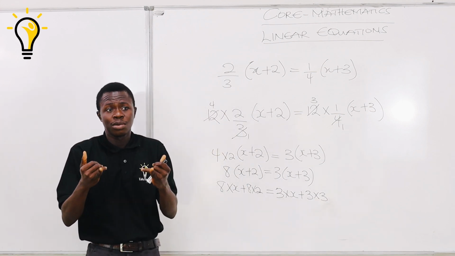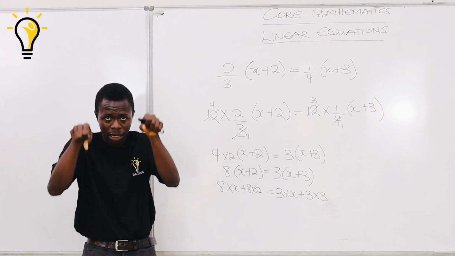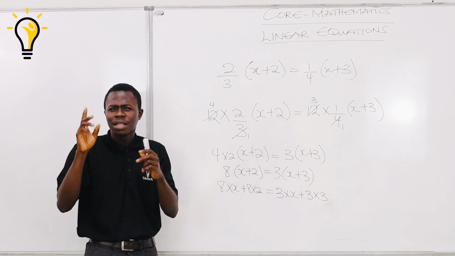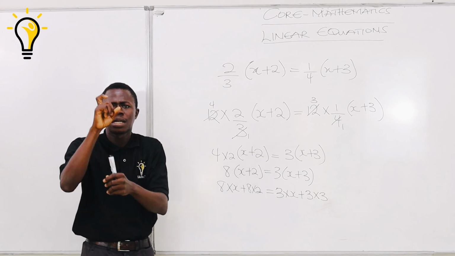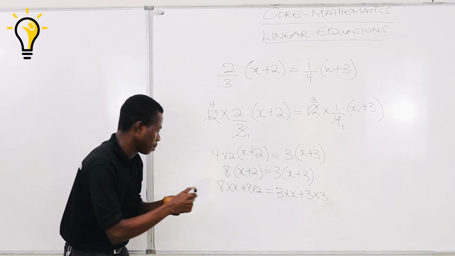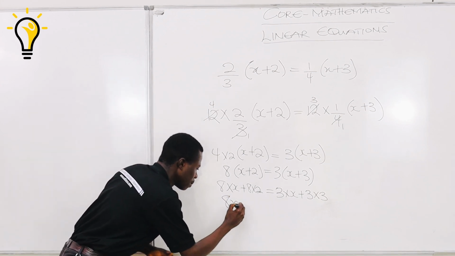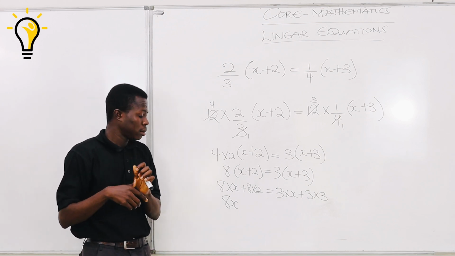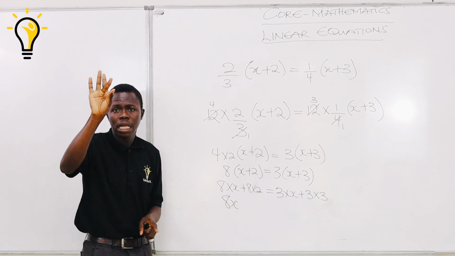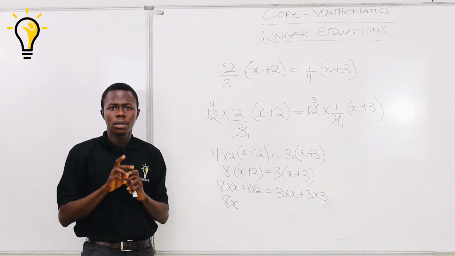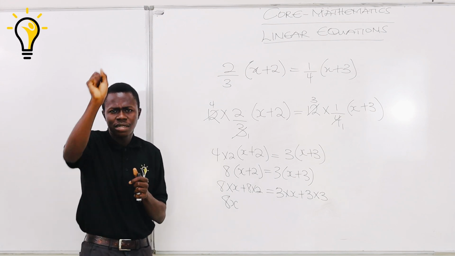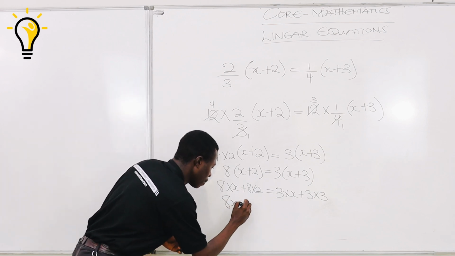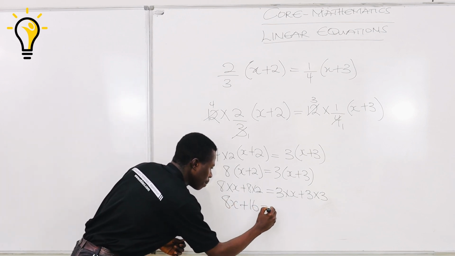So now we can work on the expression that we have. 8 multiplied by x gives us 8x. And then 8 multiplied by 2 gives us 16, plus 16.